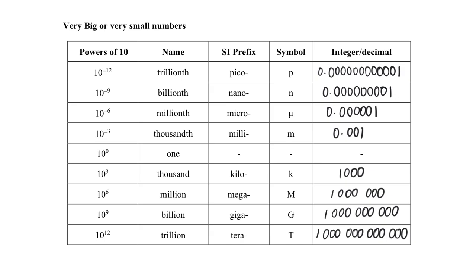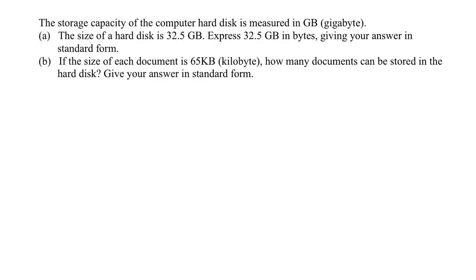Alright, so let us now look at questions that make use of all these prefixes or names. For this particular question, we are given that the storage capacity is in gigabyte. The moment you see gigabyte, you must remember that giga is 10 to the power of 9.